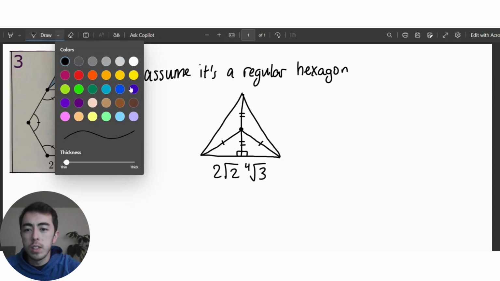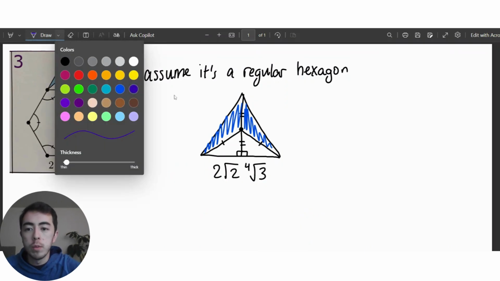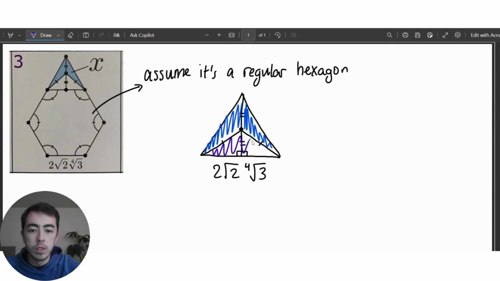Now it looks like the 3 mini triangles in here are all the same in area. These two, clearly, are the same because of symmetry. But it would be nice to say that this one is also the same as the other two. It looks that way, and I believe I have a way to prove it. The area formula for a triangle is half base times height.